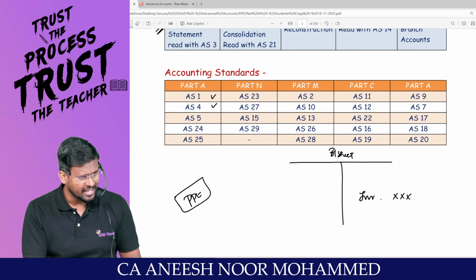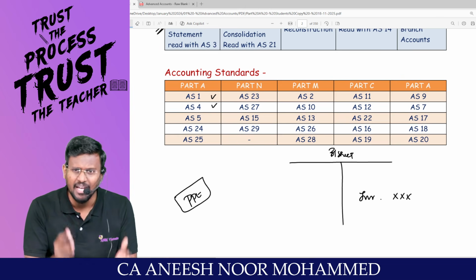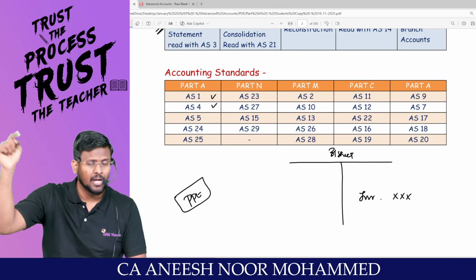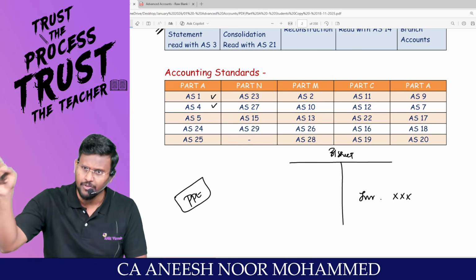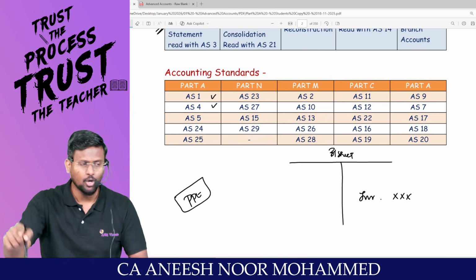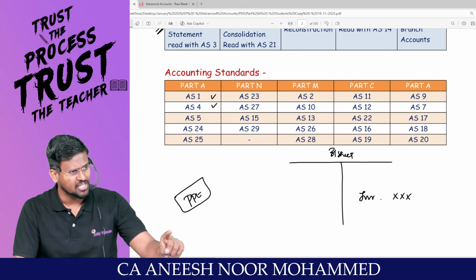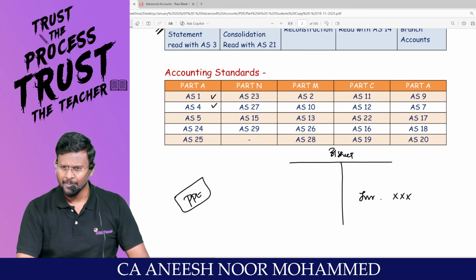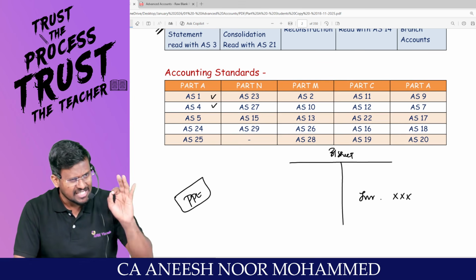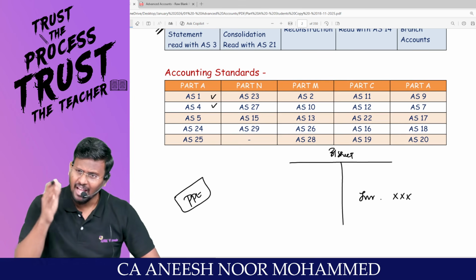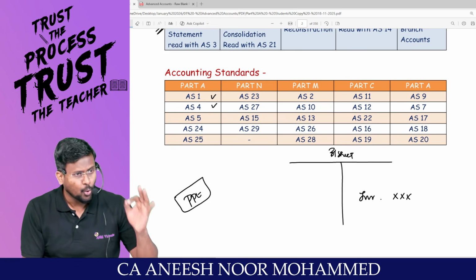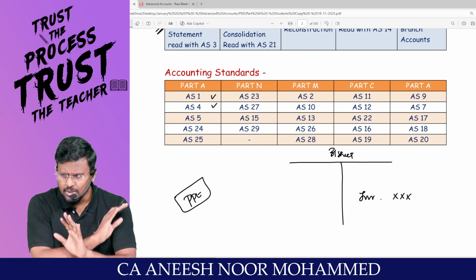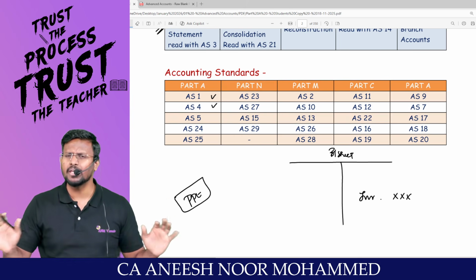If that is the case, there should be some conscience with the directors saying that on 31st of March this PPE was there. Yes, on 31st of March this PPE was there. But on the date of approval of the financial statements, this PPE is not there. So AS 4 is saying that if any transaction or event happened after the balance sheet date but before approval of the financial statements by the board of directors, please don't show the PPE as PPE in the books of accounts.